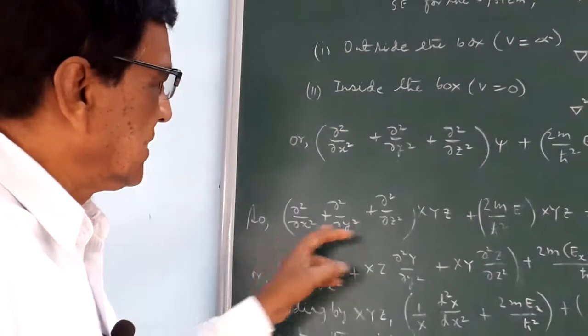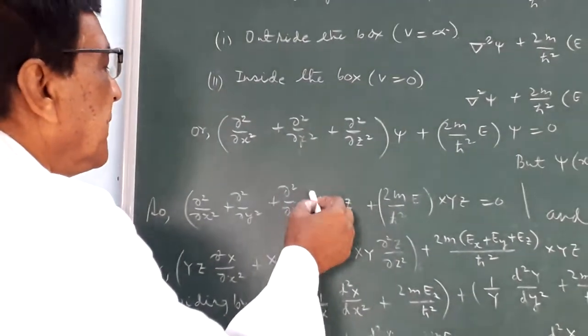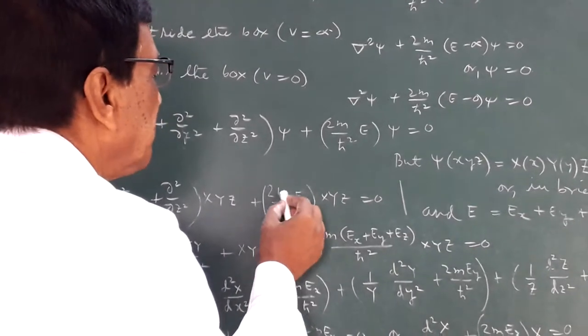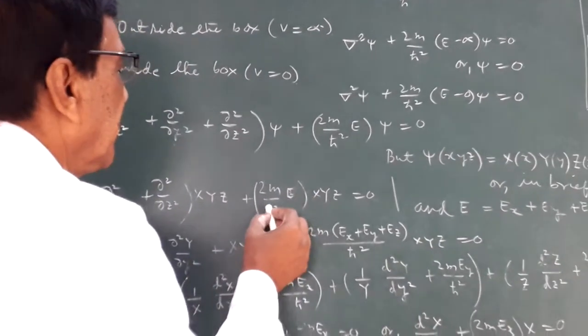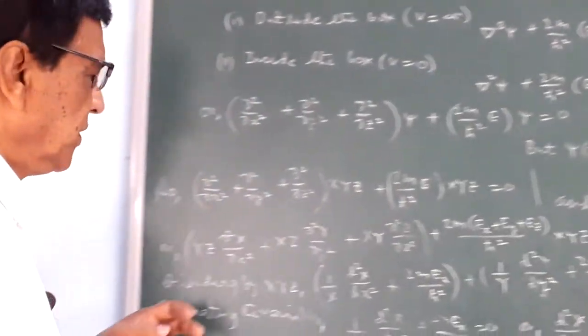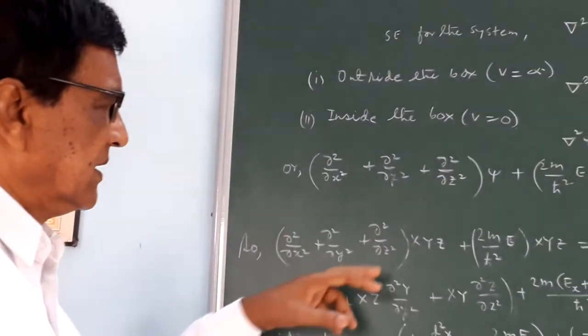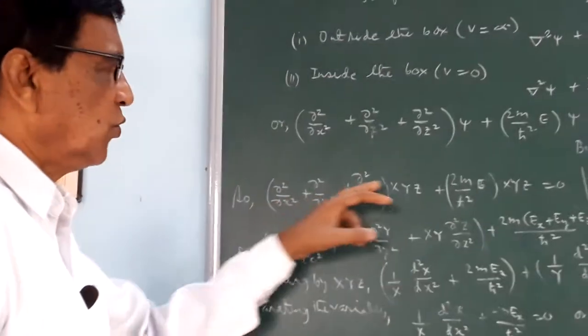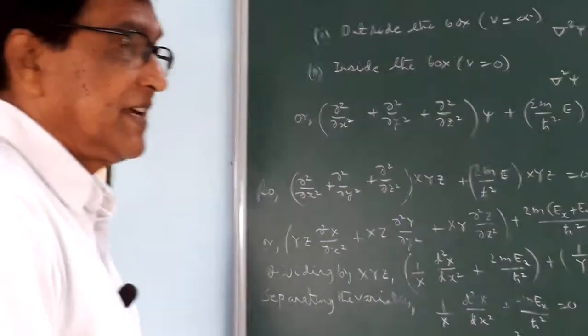So this one is the equation for X Y Z, and this one is 2mE over h cross squared times X Y Z equal to 0. Whenever we are differentiating X with respect to x, Y and Z remain constant as they are independent.